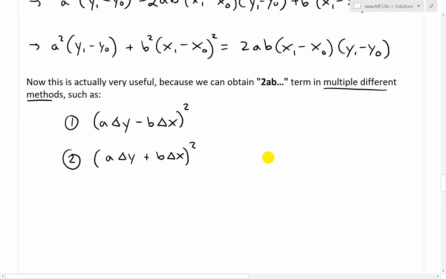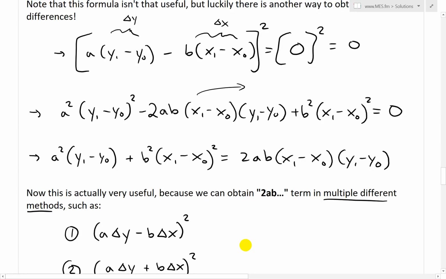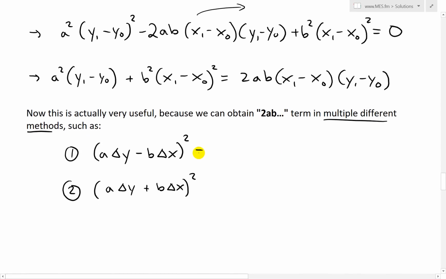This one above is this one here, which I'll write as 1, the same one as over here. As we showed, it's a squared delta y squared, minus 2ab delta x delta y, and finally plus b squared delta x squared.